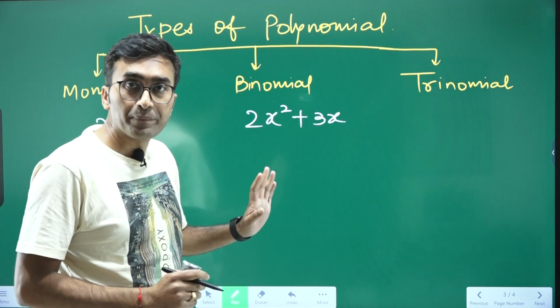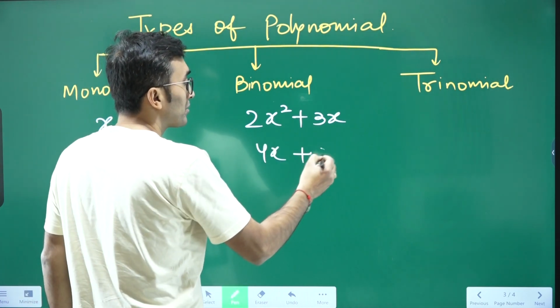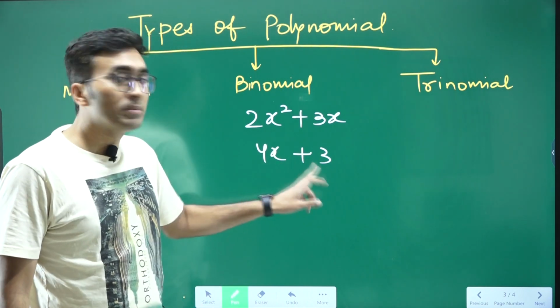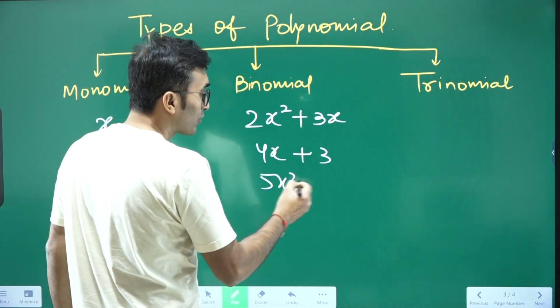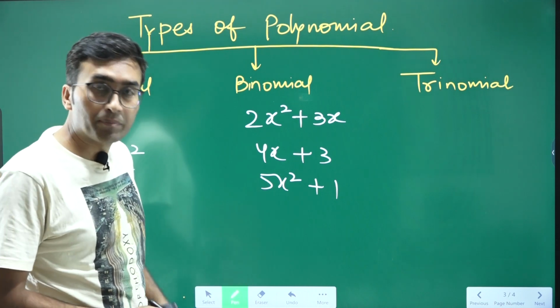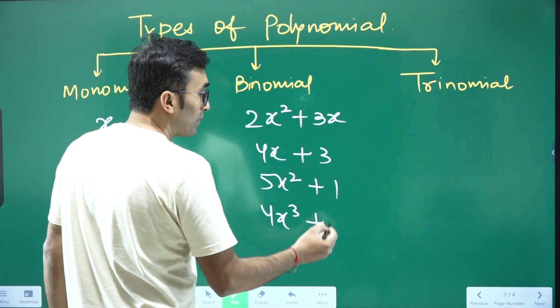Now if I say 4x plus 3, again you can have a look that the two terms are separated by a plus sign. It can be like 5x square plus 1. So the two terms are separated by the plus sign. It can be 4x cube plus 2.